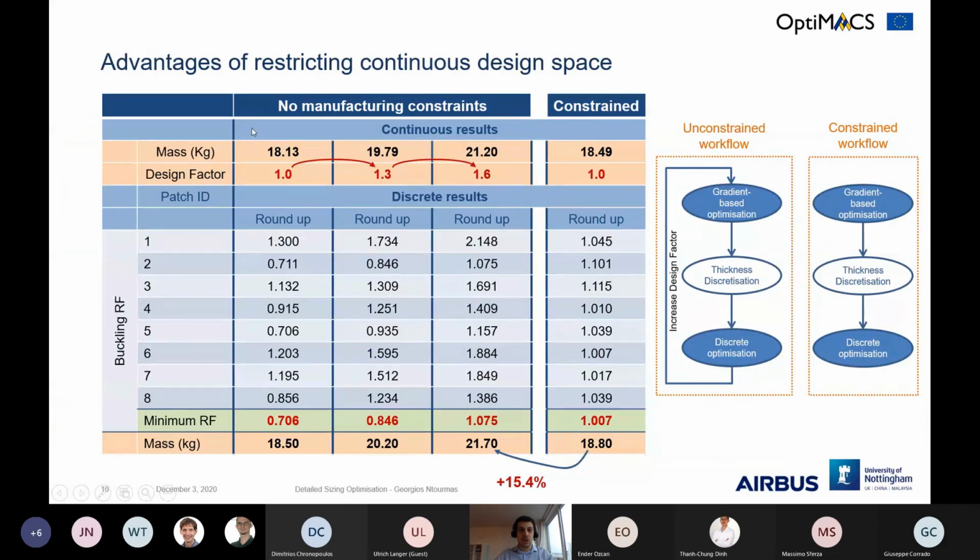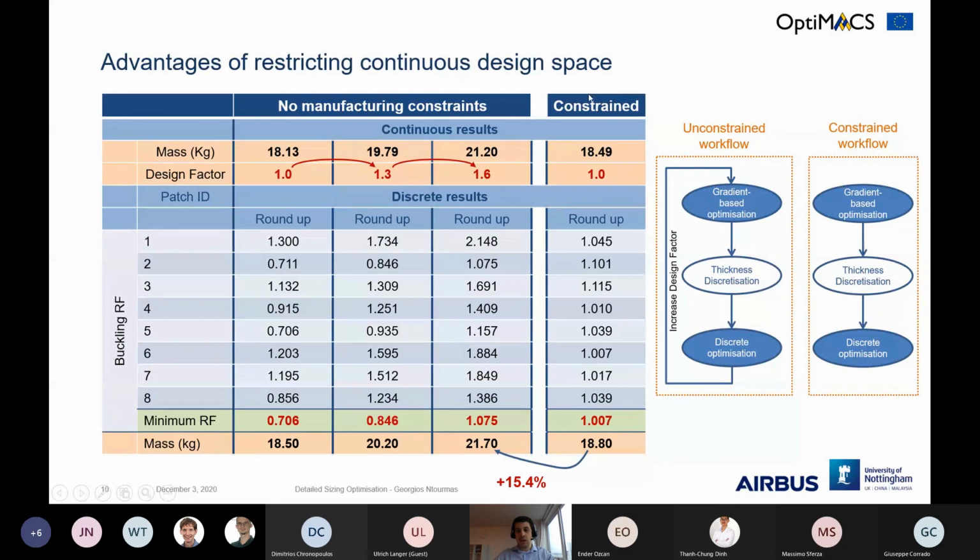In the first columns we perform the first stage of the optimization without the continuity constraint, looking only at buckling in this simple problem. We can see by the reserve factor here that we have a violation. A reserve factor is the ratio between the allowable and the applied load, so everything below 1 indicates a violation.